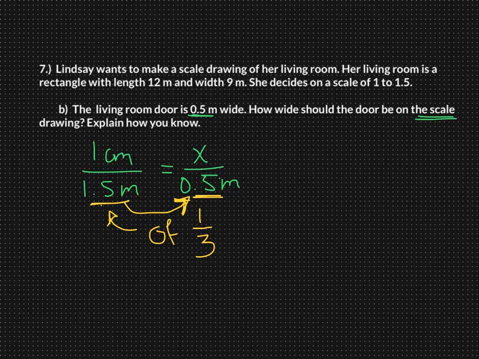So if I multiplied 1.5 times 1/3, I would get 0.5. So I, of course, would multiply this by the same thing. 1 times 1/3 would give me an answer of 1/3 centimeters.